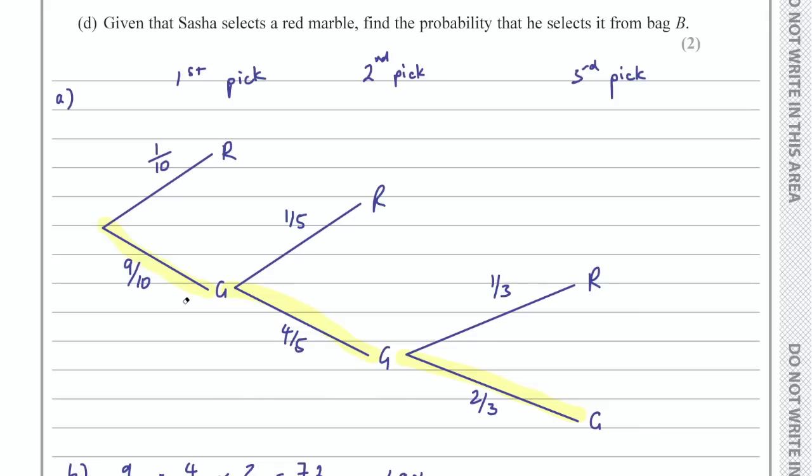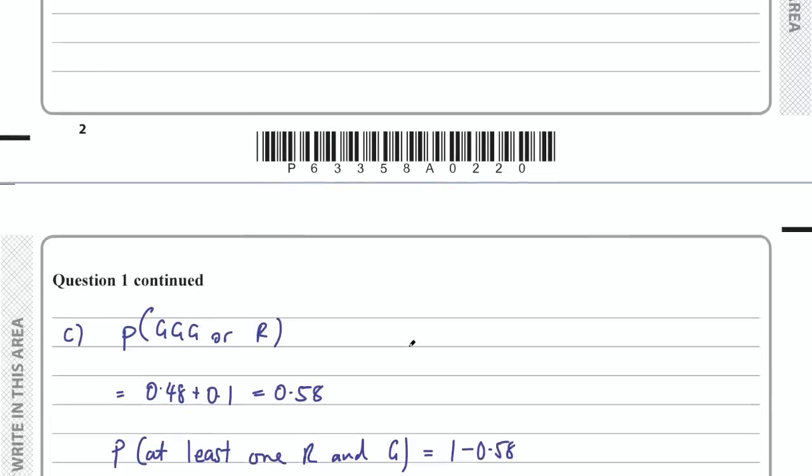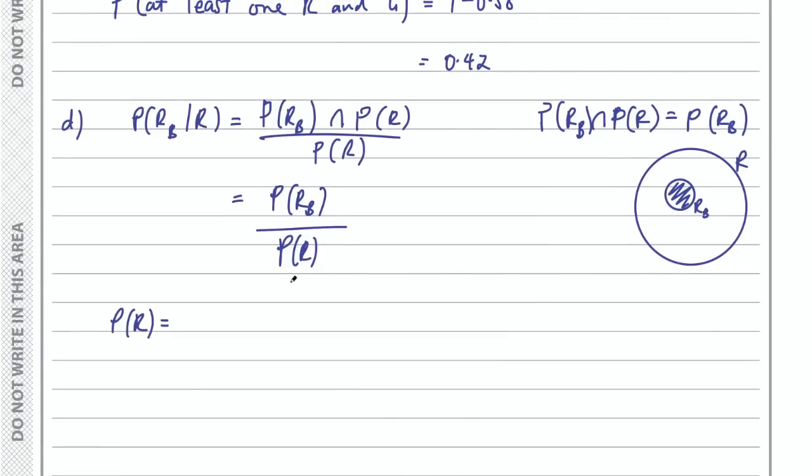I'm going to highlight the branches we're looking at: this branch plus this branch plus this branch. We multiply these probabilities and then add them up, and that gives us the probability of picking a red marble. For the first branch, it was 1 out of 10.